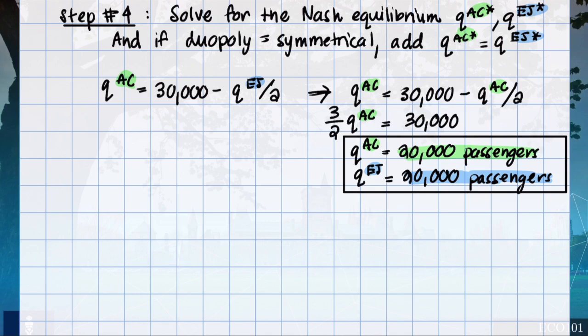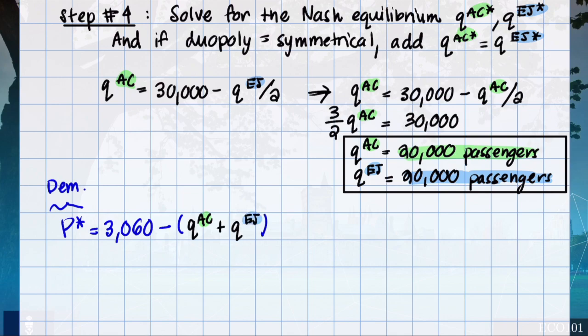The only thing that we are missing is the equilibrium price. But the price, we always get it with the demand function. So we can use our inverse demand function to find the equilibrium price now that we have quantities. That's 3,060 minus the total quantity sold in the market, which is the quantity that Aero Canada sells plus the quantity that EastJet sells, and that we divide by 20.